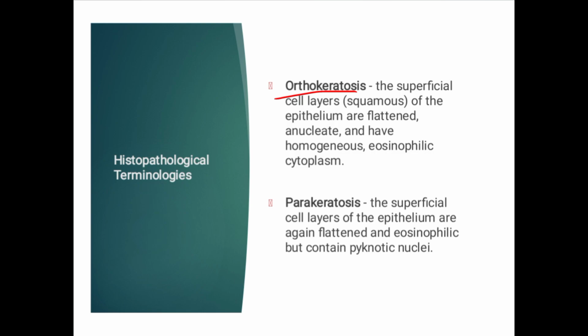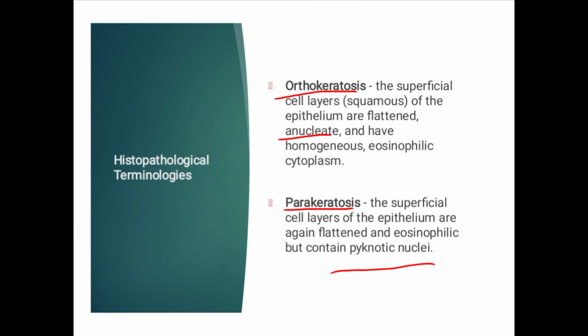The main difference between ortho and parakeratosis is the presence of the nuclei. In ortho, it is enucleated, and in para, it has pyknotic nuclei. You can remember it by P for present nuclei. They are both the same in the layers of the epithelium.